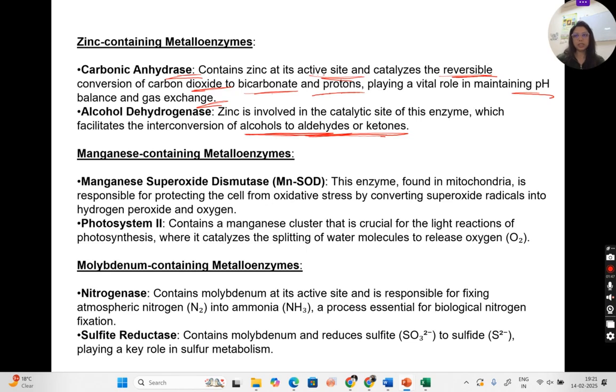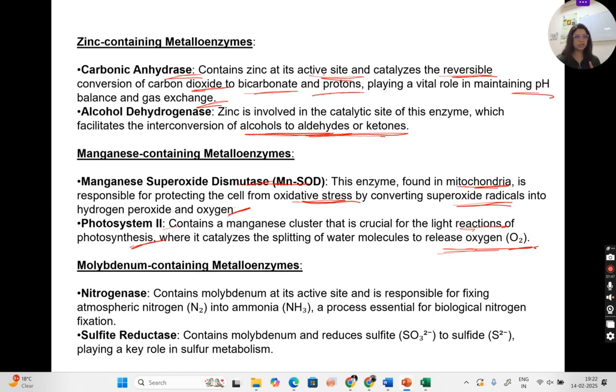Some manganese-containing enzymes are manganese superoxide dismutase, which we already did. It is found in mitochondria and helps protect the cell from oxidative stress by converting superoxide radicals into hydrogen peroxide and oxygen. And photosystem II contains a manganese cluster for the light reactions of photosynthesis, where it catalyzes the splitting of water molecules to release oxygen.